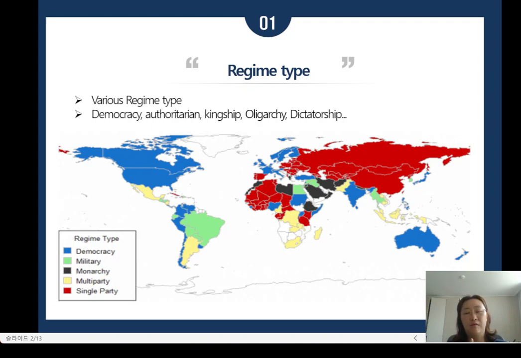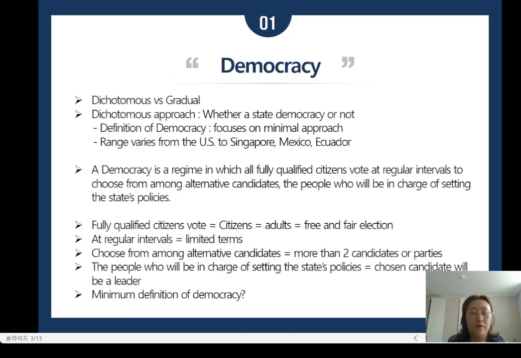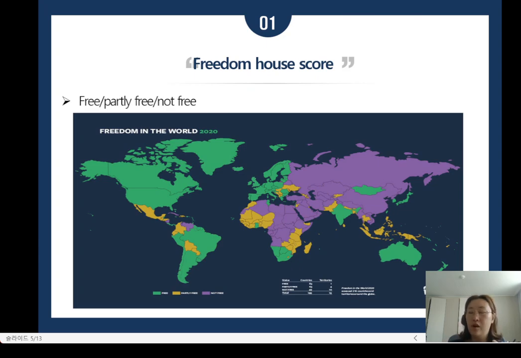If you look at the democracy index, it takes a more gradual approach. But Freedom House score tells whether a country is a democracy or not, so it's a dichotomous approach. So if you just want to know whether a country is a democracy or not, you just look at Freedom House score. Then you can easily interpret it.